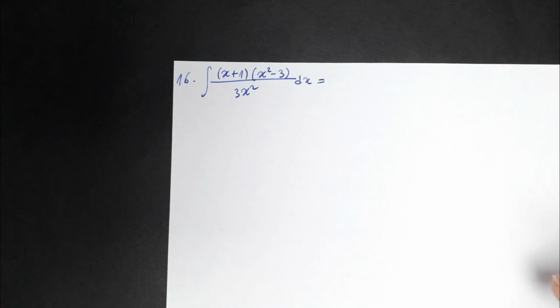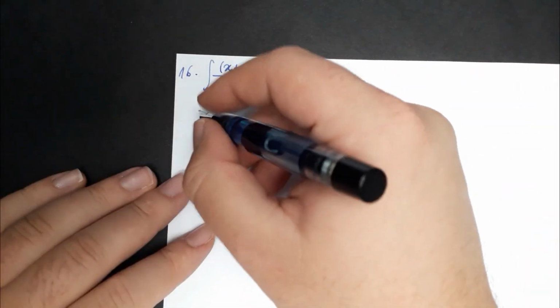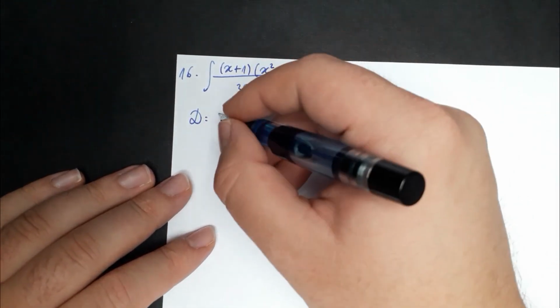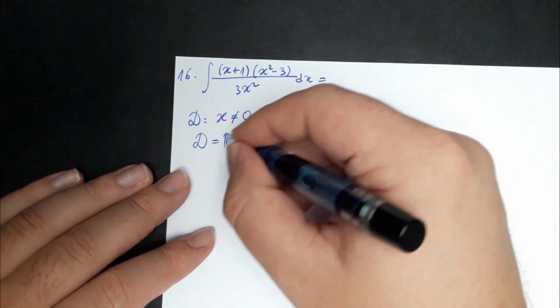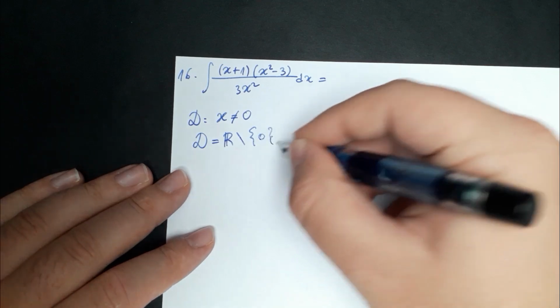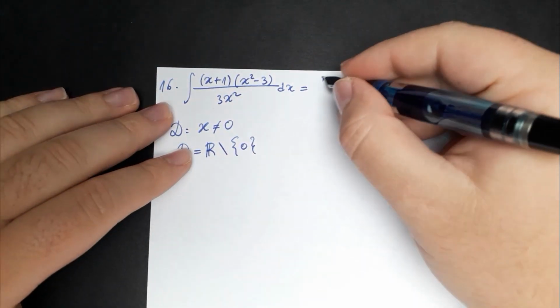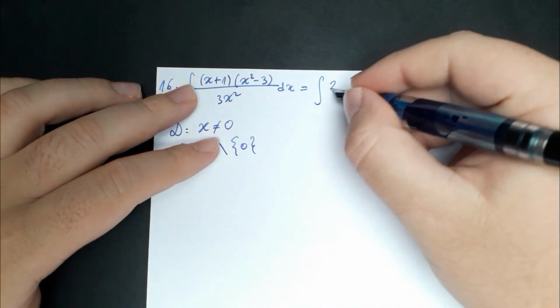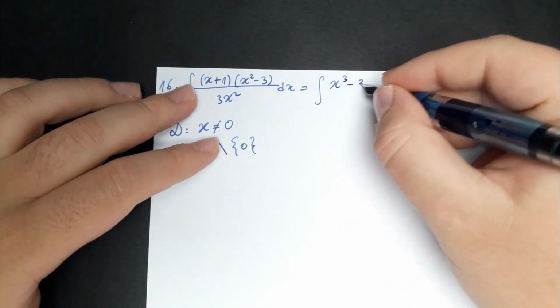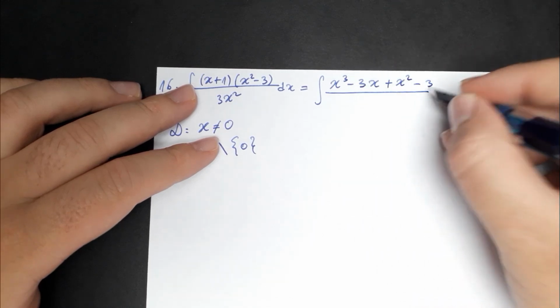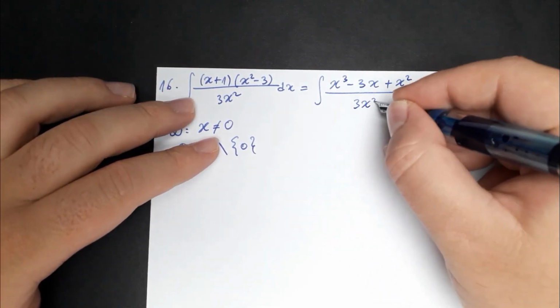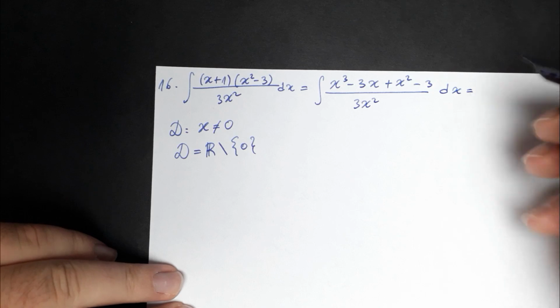This is then equal to... This integral is defined for all x's which are different than 0, so D is the set of real numbers without 0. This is equal to an integral of (x cubed minus 3x plus x squared minus 3) divided by 3x squared dx.